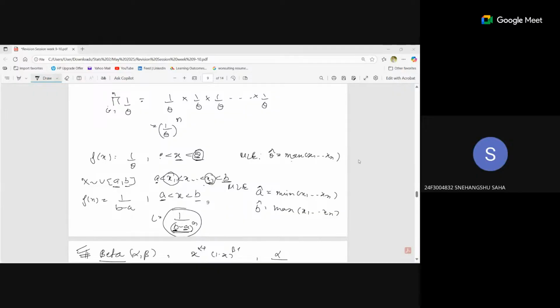Actually, x1 is also less than B, no? Then why can't we take x1? See, this is an order, so we have to go by the order as well. My x1 is less than x2 is less than xn.